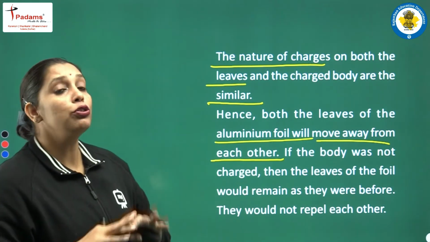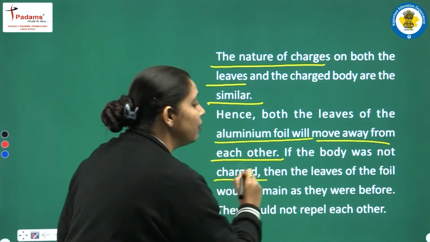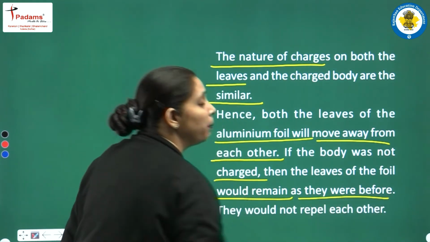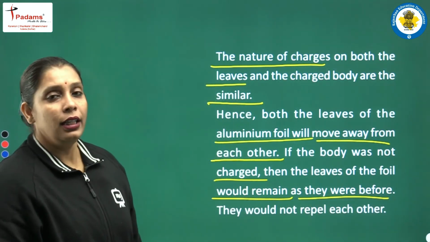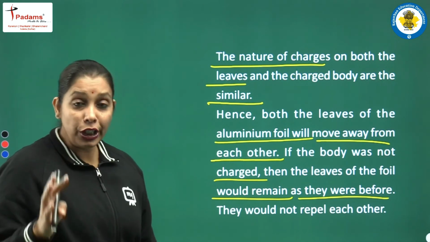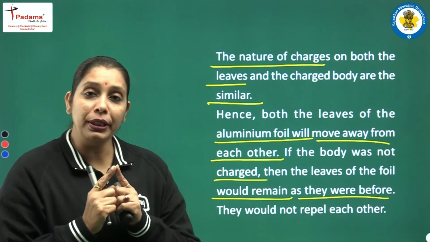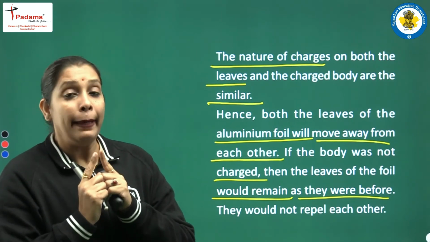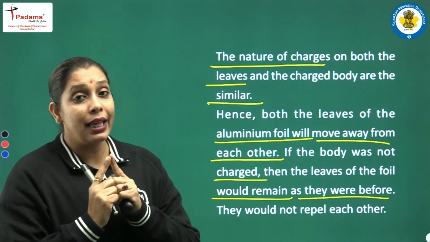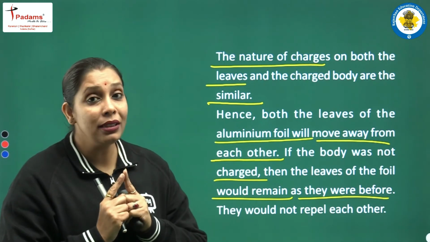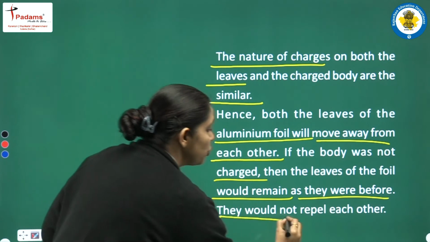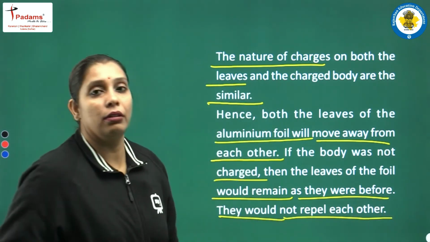If the body was not charged, then the leaves of the foil would remain as they were before. Clear? If our body is not charged, the aluminium leaves would remain as they were earlier. But the body is charged, that's why all are having similar charges. They will move away from each other. Clear? They would not repel each other otherwise.